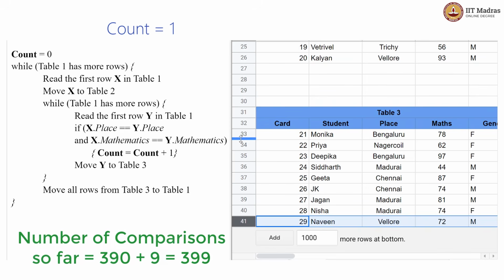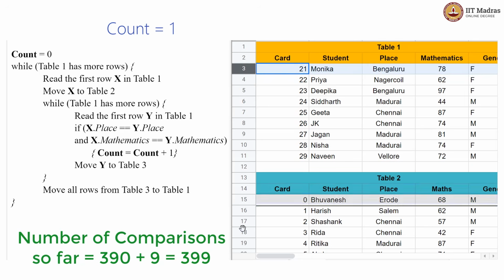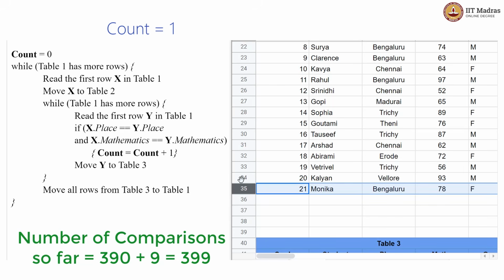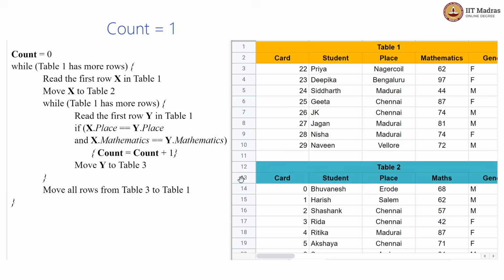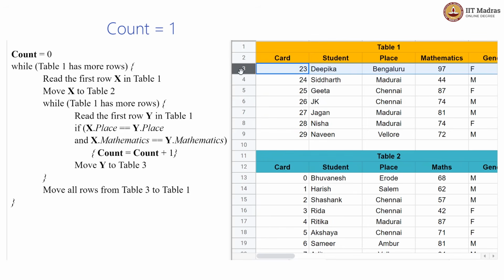So table 1 is empty. This is row X, Bengaluru 78. This is Bengaluru but 97, not 78.